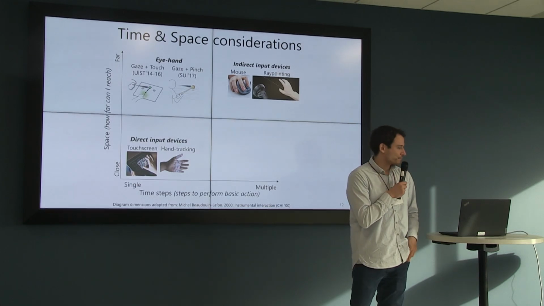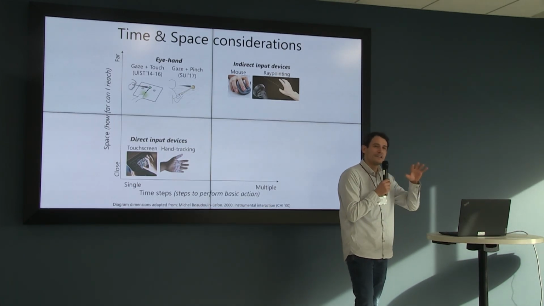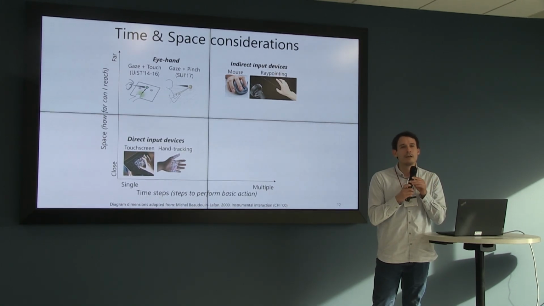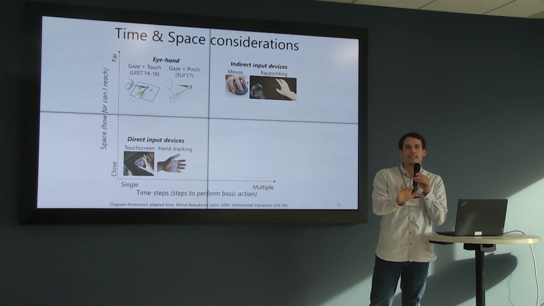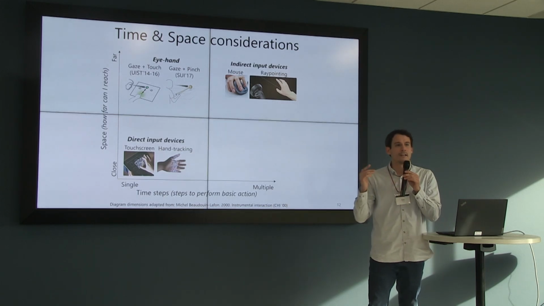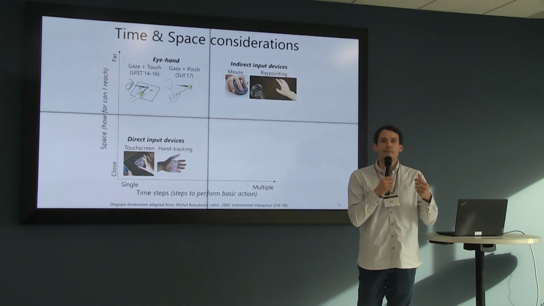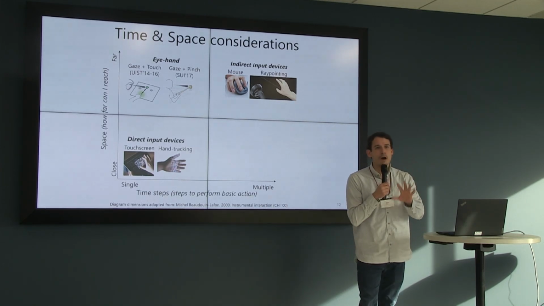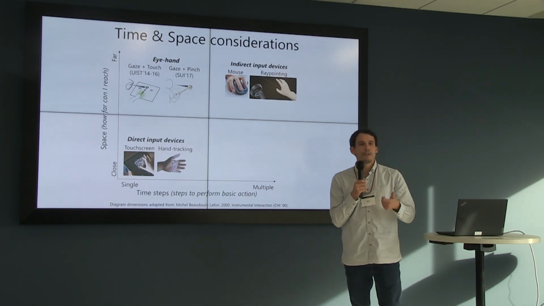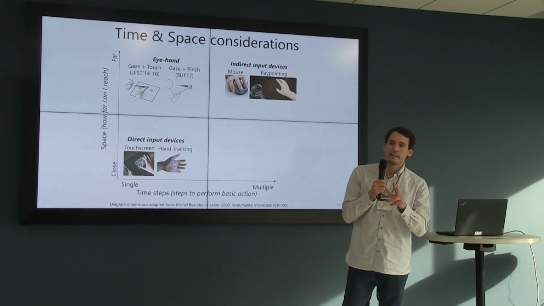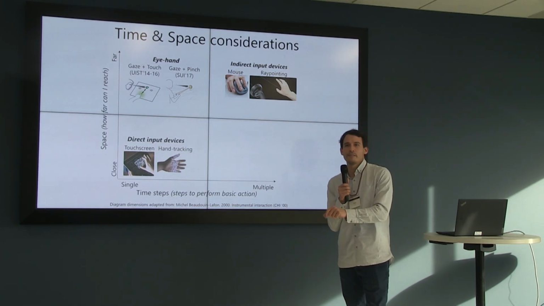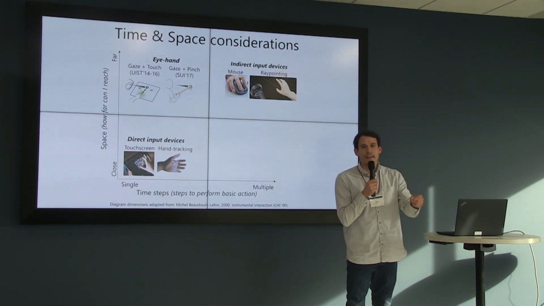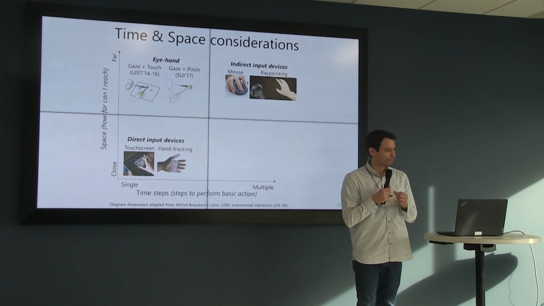One of the last points here: I want to zoom out a bit and consider input devices in general. A direct input device like a touchscreen is a one-step process. You just move your hand towards it and you tap, that's it. With a mouse or other input device, even with a controller in VR, it's always first this cursor movement, and then you can do your dragging gesture or whatever you want.